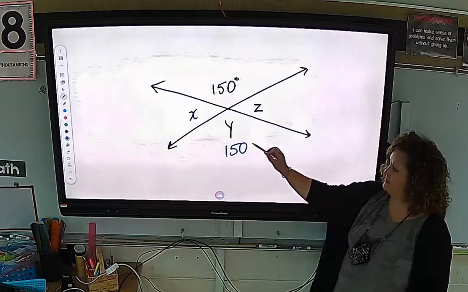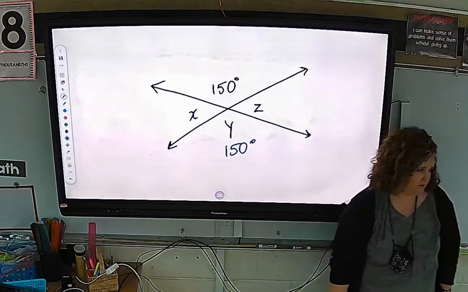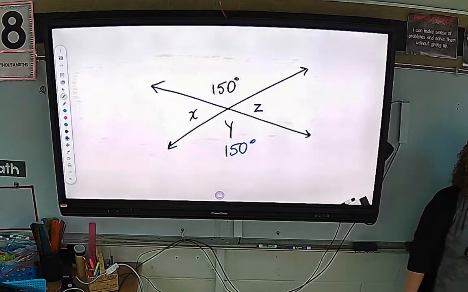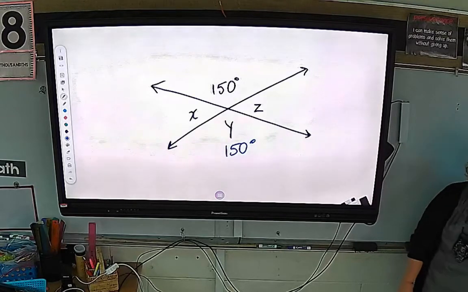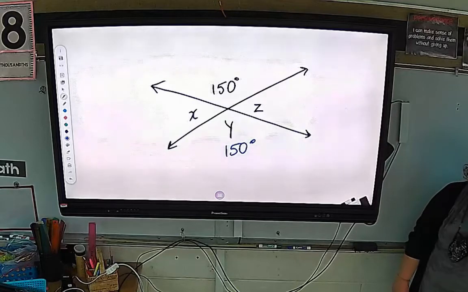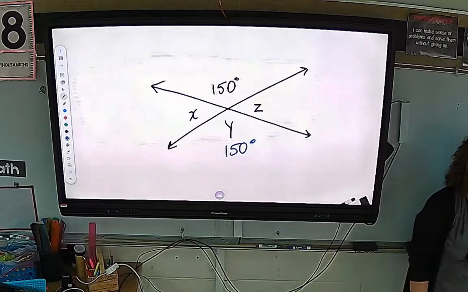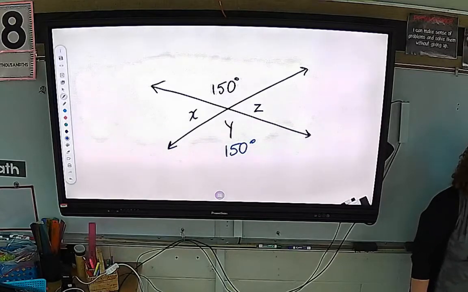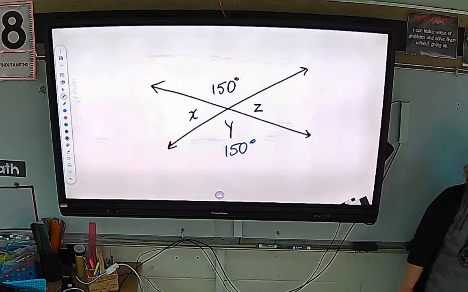Okay, but that still doesn't tell me x and z. What am I going to need to do? I could add them, and I'm going to get, 150, 150 is 300. Okay. So where would I go from there?